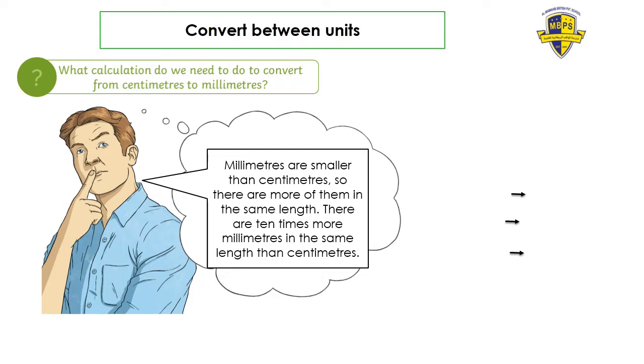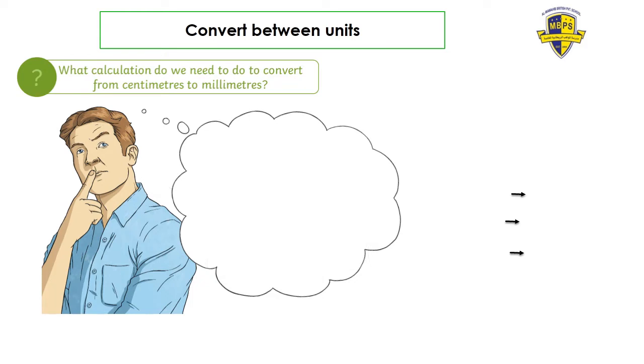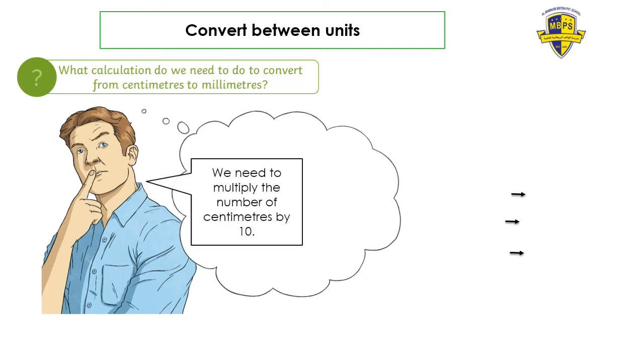So, in 1 centimeter, there are 10 times more millimeters. So 10 times more, it means what? Which calculation? Times. It means we need to multiply, excellent, the number of centimeters by 10.